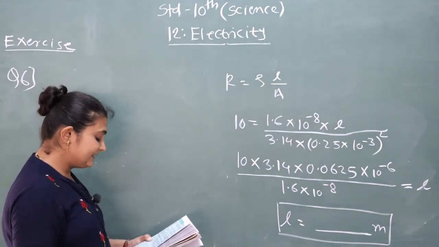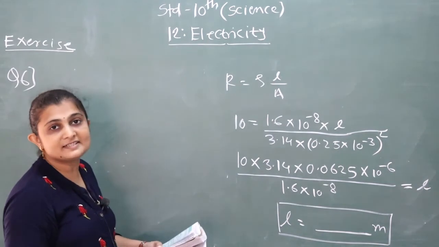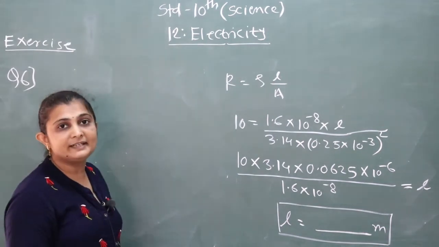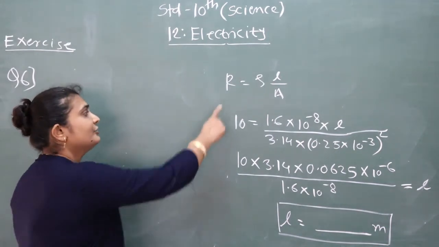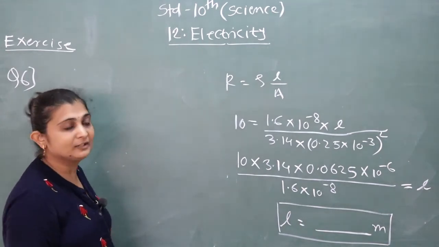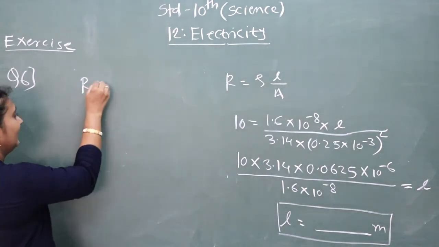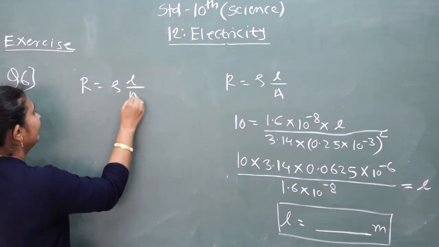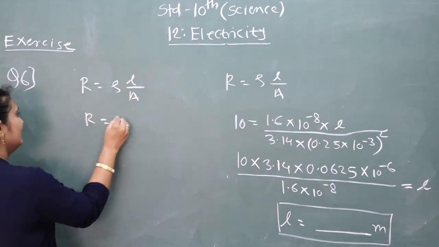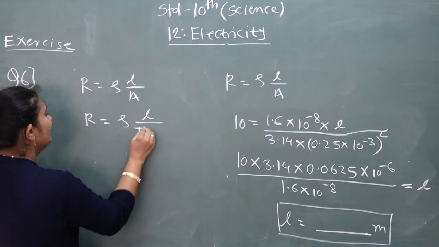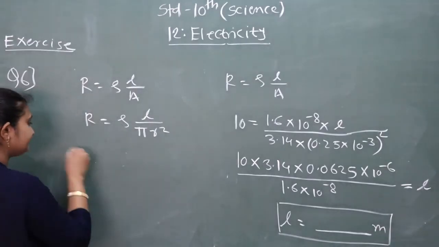How much does the resistance change if the diameter is double? Now if the diameter will be double, then what will be the resistance we have to calculate here. Again I write the formula, R is equal to rho L upon A. R is equal to rho L upon pi R square.